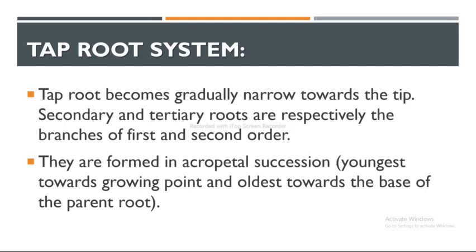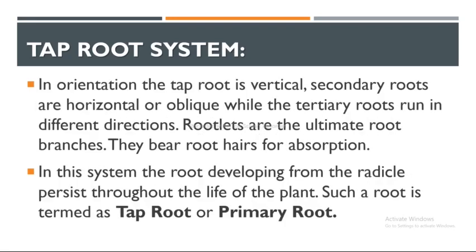Secondary and tertiary roots are respectively the branches of the first and second order. They are formed in acropetal succession, for example, the youngest towards the growing point and the oldest towards the base of the parent root. In orientation, the taproot is vertical, secondary roots are horizontal or oblique, while the tertiary roots run in different directions.